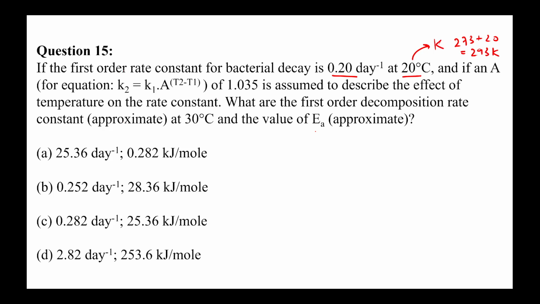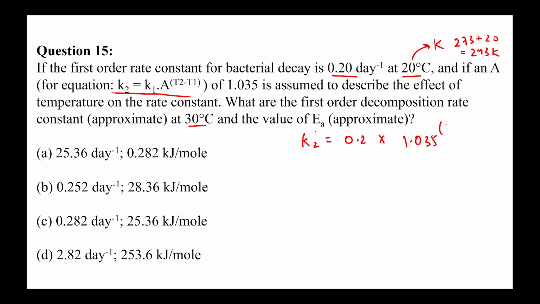From this equation that is given here, you can solve for K2, right? So you know the T2, you know the T1. So K2 is equal to K1. What is K1? K1 is 0.2 into A. What is A? A is 1.035 raised to the power of T2 minus T1.